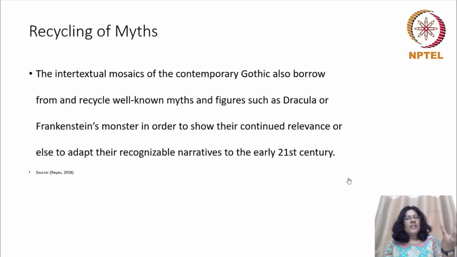In other words, the contemporary Gothic borrows these well-known Gothic characters because these are very iconic Gothic elements, and these are used in contemporary fiction in order to point out the idea that these characters continue to have relevance even to this day. And we need to think about this fiction as Gothic too, the 21st century Gothic, which continues to rework the traditions of the past.